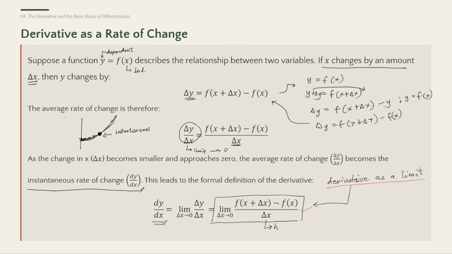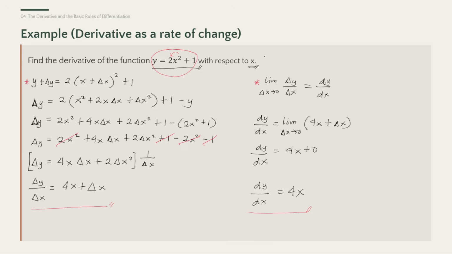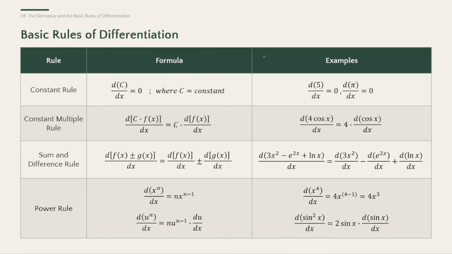But as I said, I will not require you to use this method because, aside from it being tedious, very hard to apply, and very challenging, we can just use the basic rules of differentiation, which is a more practical and efficient way of finding derivatives.